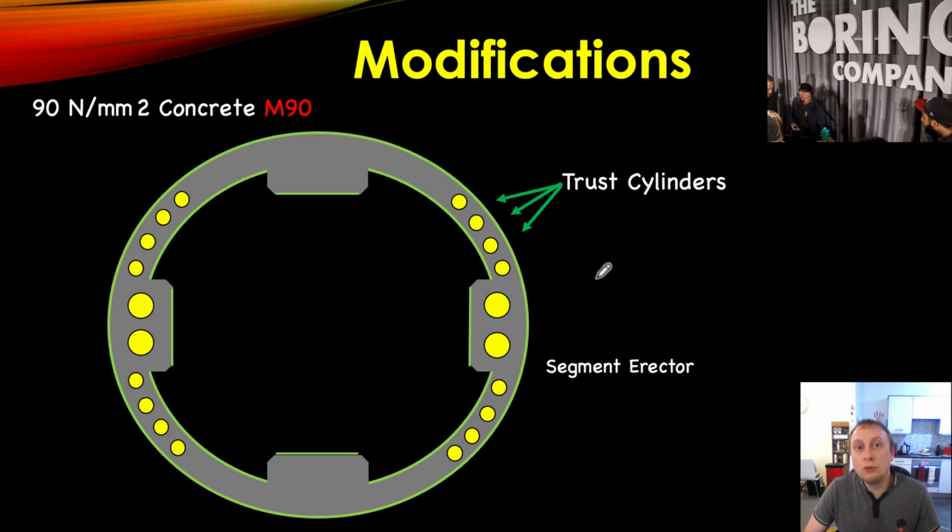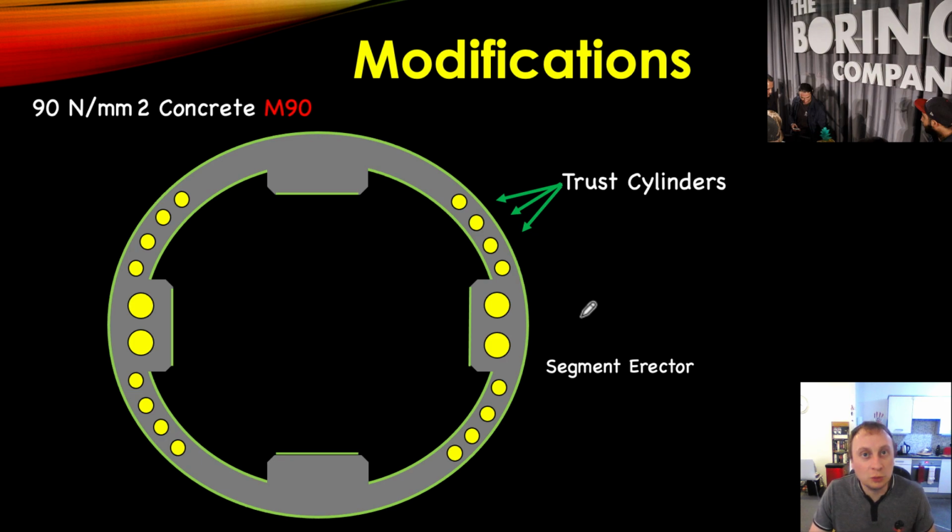Another thing that's worth noting is the segment erector will need to be modified to take both these segments and our rectangular segments as well. And these segments will be heavier, so it'll need to be reinforced, which is a little bit of cost involved, and a little bit of complexity, but it can be done.